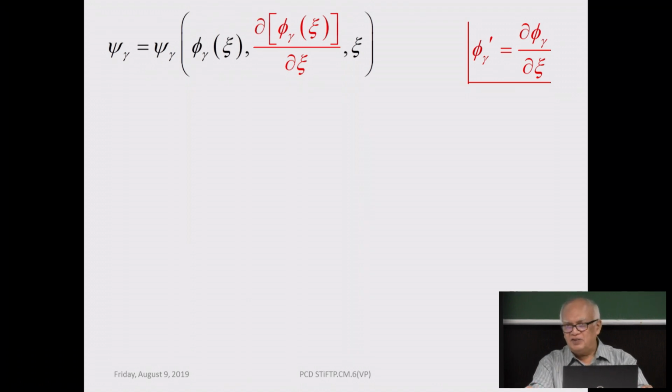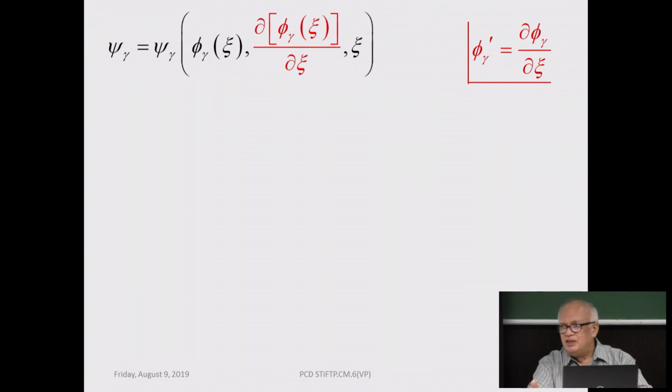So psi is a function of xi, but it may depend on xi not only directly but also through another function phi, which in turn depends on xi, and it may also depend on the rate at which phi depends on xi. So it depends on the derivative of phi with respect to xi.